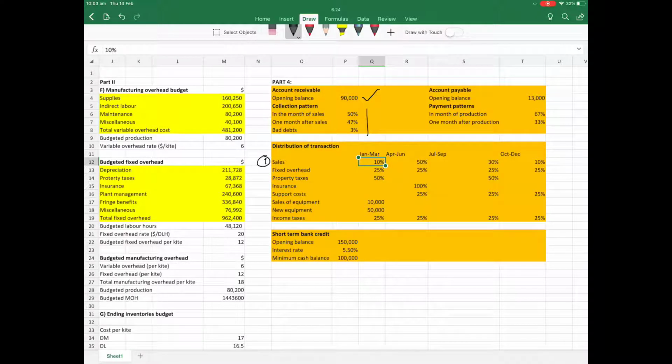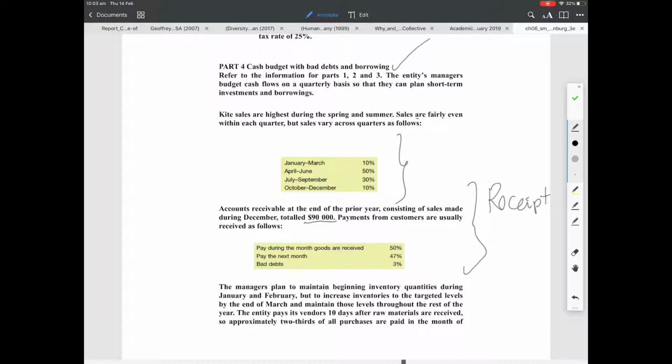The second thing is, you know that for a manufacturing company, the main payment would come from the purchase of inventory. And the inventory here is raw materials. They say that they want to maintain the beginning inventory quantities during January and February, and then increase the inventory to the targeted level by the end of March, and maintain those levels throughout the rest of the year.